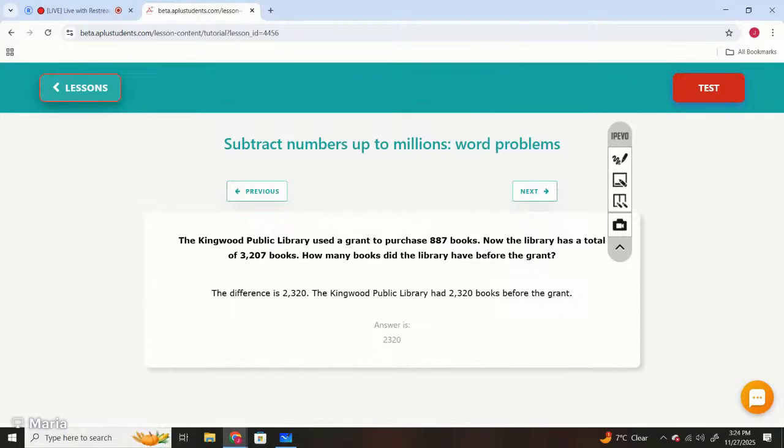The Kingwood Public Library used a grant to purchase 887 books.